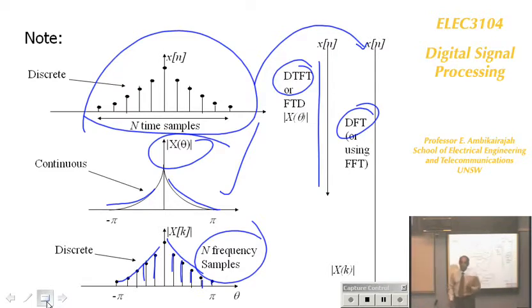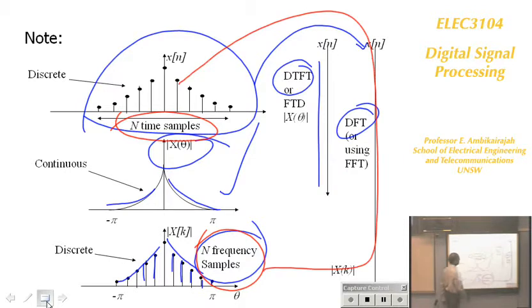When you do the discrete Fourier transform, we will always assume, and also we can prove, that the number of time samples you take to get the FFT gives you the same number of frequency points. For example, if you say I'm taking N time samples, you will find you end up with N frequency samples when you use this technique. So you say 100 time samples I took, then you're looking at 100 frequency points.